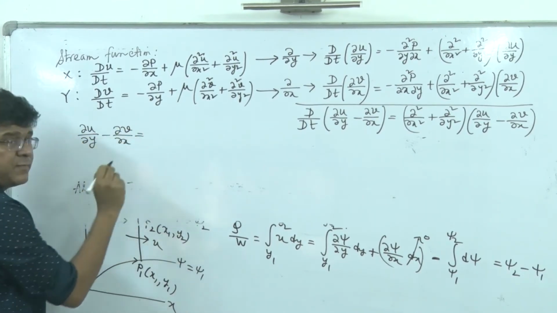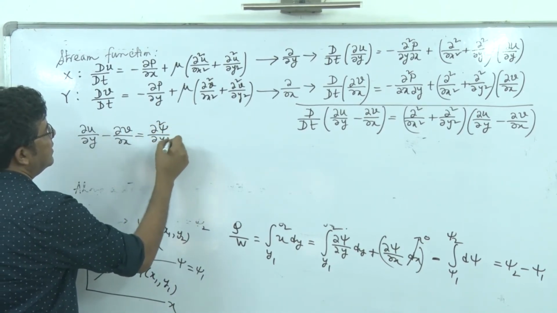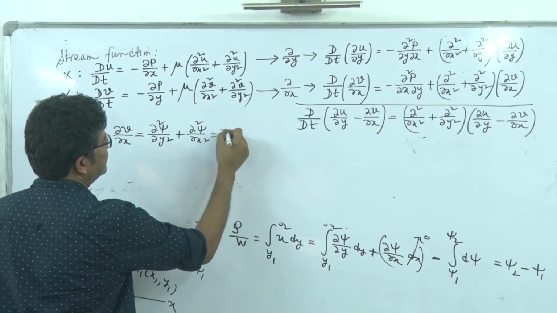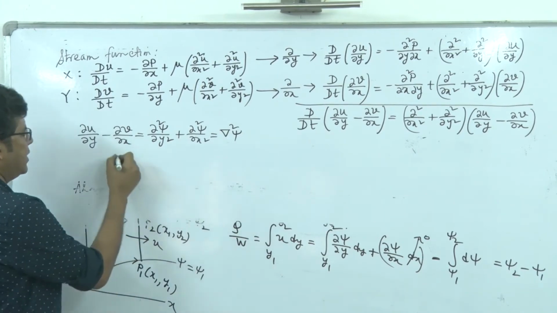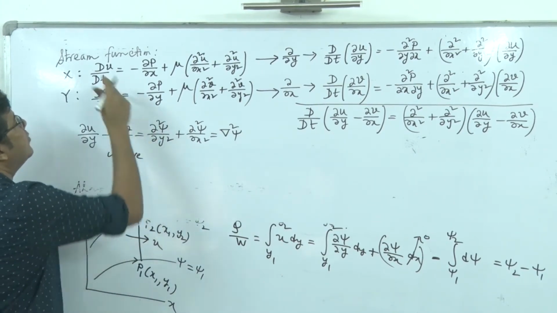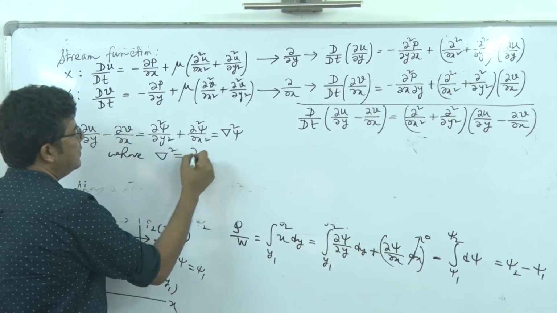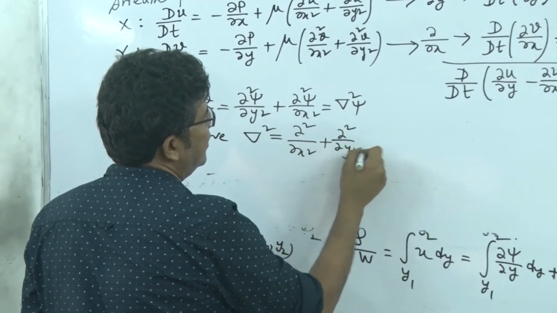In terms of stream function, it will be equal to what? ∂²ξ/∂y² plus ∂²ξ/∂x². So it is the Laplacian of the stream function in two-dimensional coordinates, because it is restricted to two-dimensional flow; this is ∂²/∂x² plus ∂²/∂y².